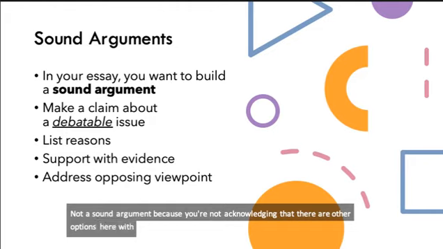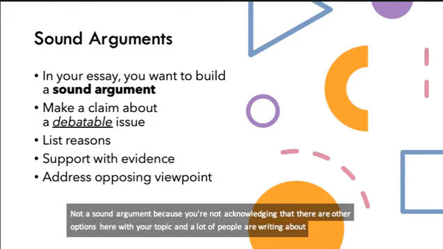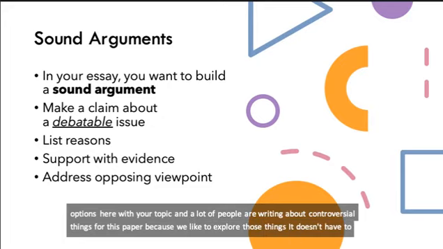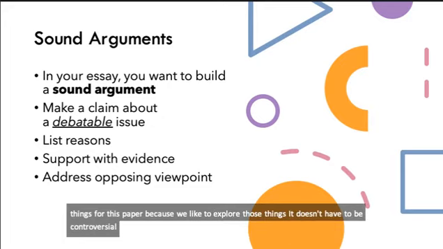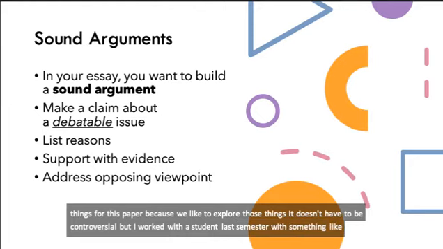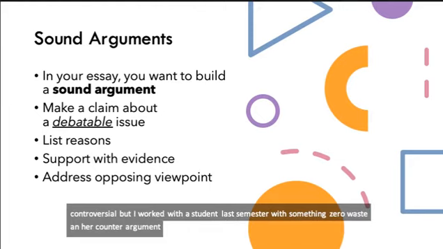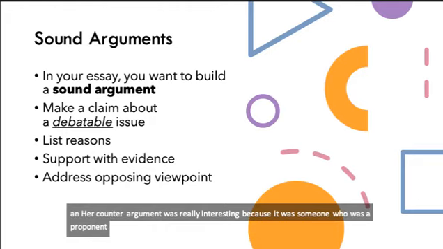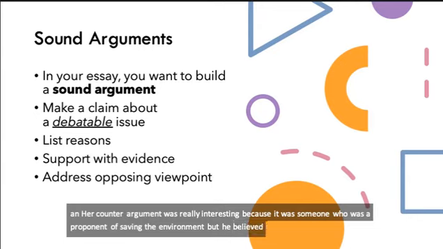And a lot of people are writing about controversial things for this paper because we like to explore those things. It doesn't have to be controversial. But I worked with a student last semester on something like zero waste, and her counter argument was really interesting, because it was someone who was a proponent of saving the environment, but he believed not in individuals making changes, but in big corporations.